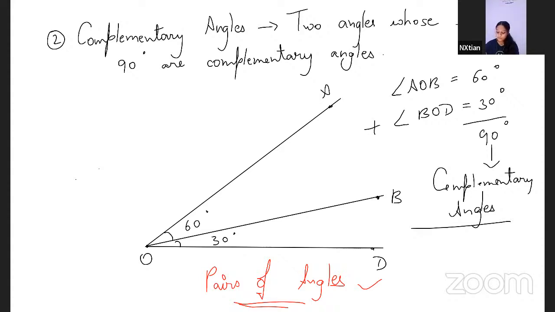I have not drawn it with the perfect measurements. This is for an example. If you draw 30 and 60 with perfect measurement, it will be equal to 90 degrees.